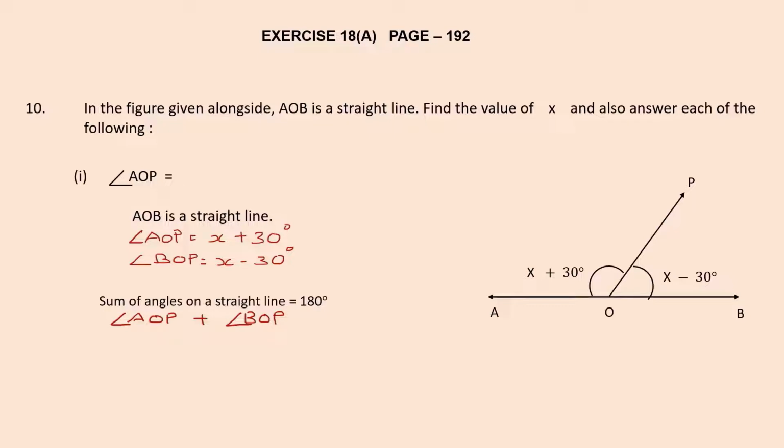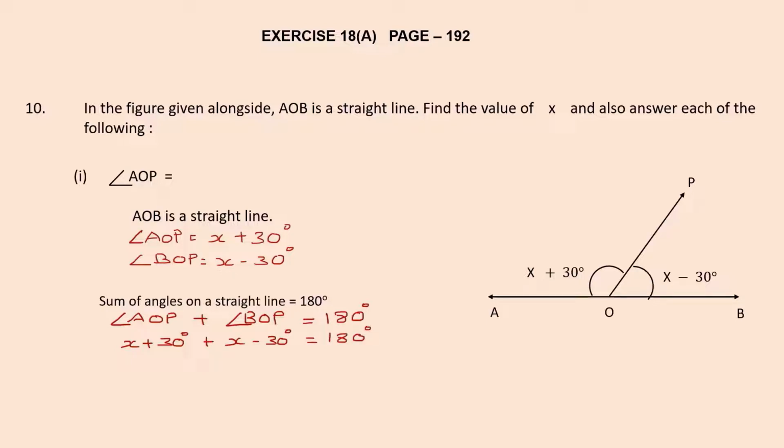So the sum of these two angles should be equal to 180 degrees. So let's substitute the values for AOP and BOP. So AOP is x plus 30 degrees plus x minus 30 degrees. And this should be equal to 180 degrees.